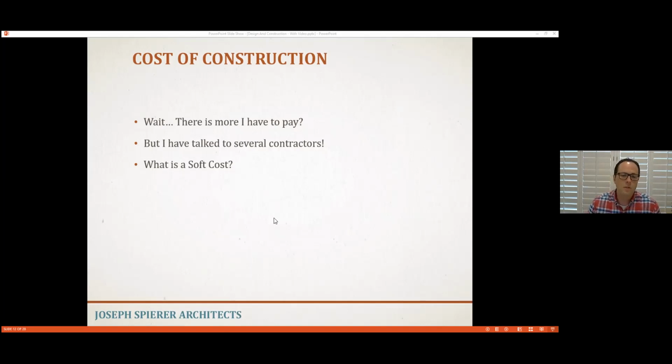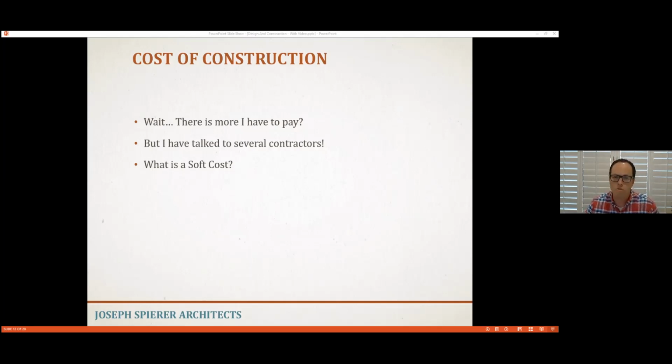All right, so now you understand how much it costs to build a home, and the reality is it's not just hard costs.